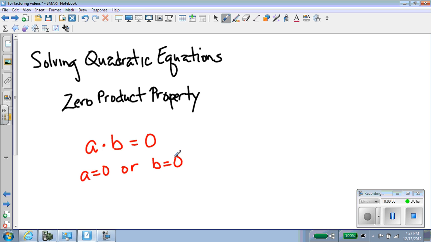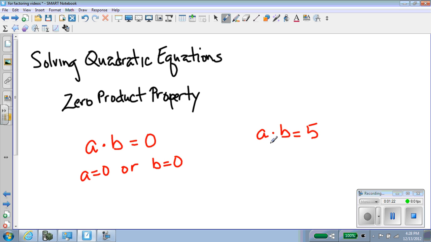But there's no way to get 0 as the answer to a multiplication problem without one of the two factors being 0. I mention that because students would love to think that there is also a 5 product property, or the 8 product property, or the 12 product property. But it's just not true for any other number.